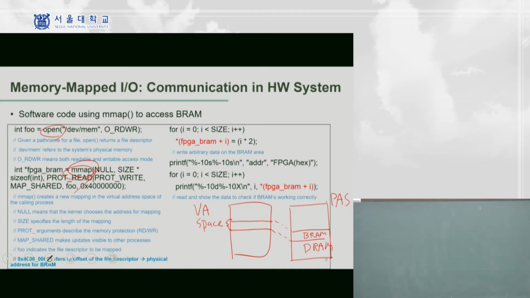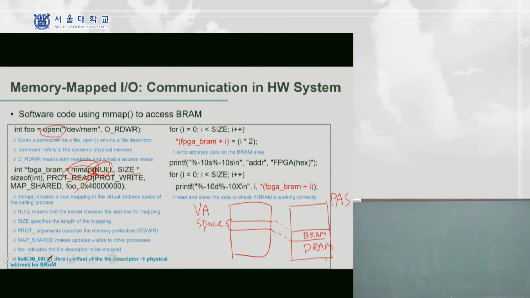Here there are a bunch of parameters. The first parameter is a preferred virtual address where you want to start mapping. You can optionally put a virtual address, but in this case it's NULL. NULL means just return whatever virtual address the OS wants.